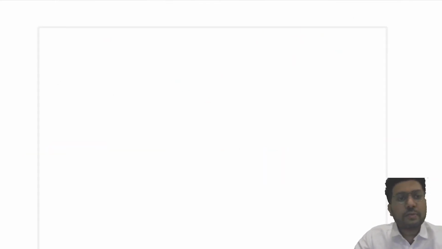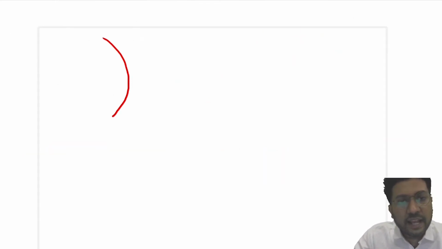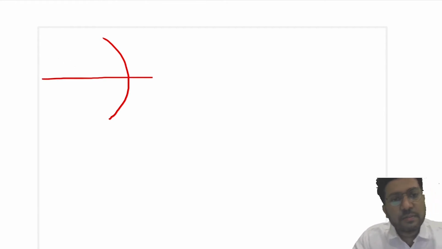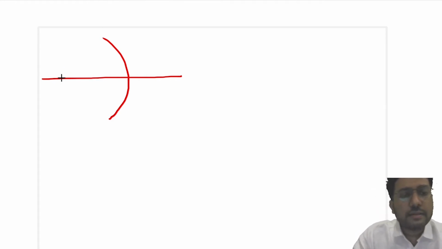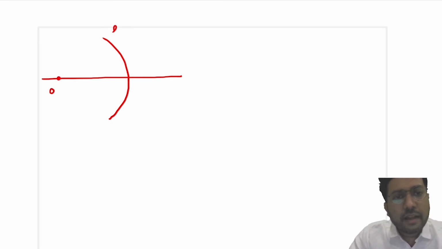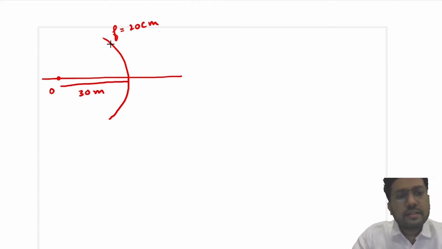Now I'll do one question, and with the help of this question I will explain every type of question that can be asked using longitudinal magnification of a short linear object. Suppose you have an object here, and I will use f equal to 20 centimeter and object distance 30 centimeter. This is a concave mirror.